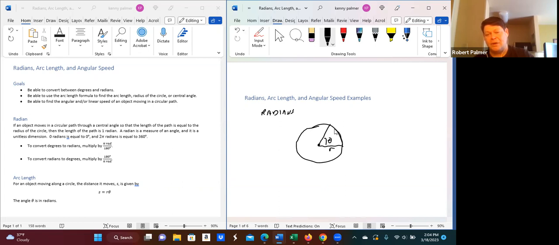Let's say this distance here, which we'll call s in the future, is equal to r, the same length as r. Then theta is equal to 1 radian. So the radian is the measure of that angle.